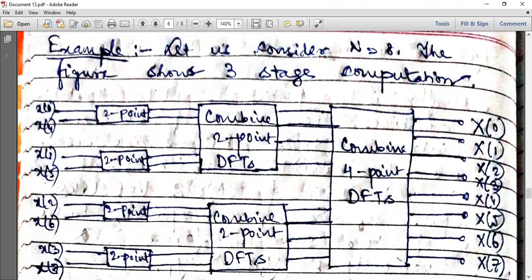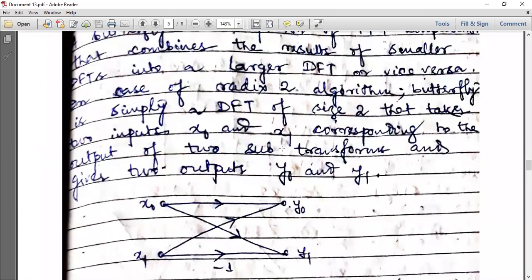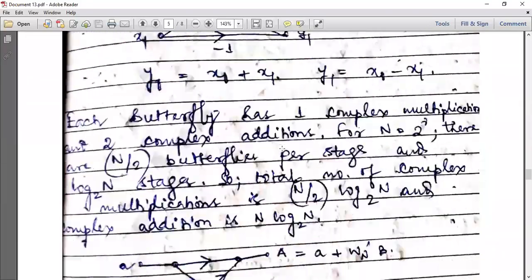Why 3-stage computation? You remember in the previous page, I've already written the number of stages a butterfly diagram will have. What is the formula? This is the formula: log n to the base 2 stages.